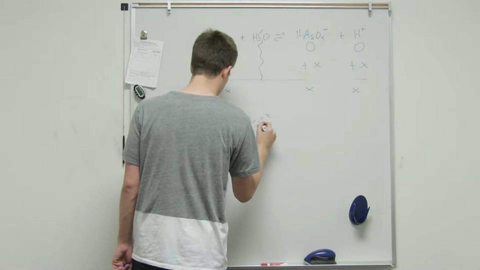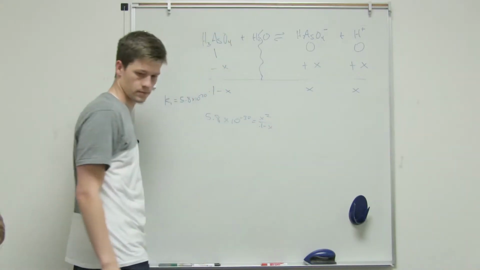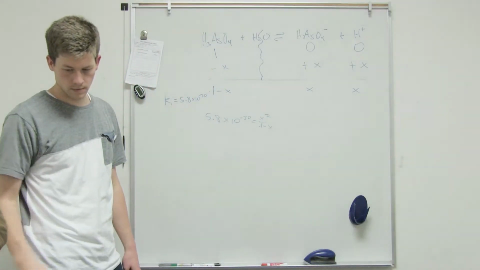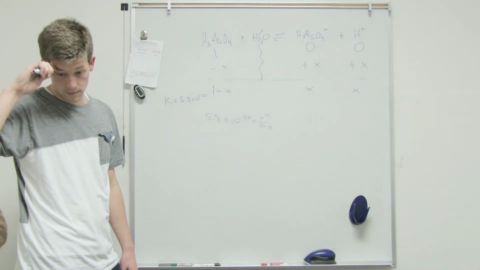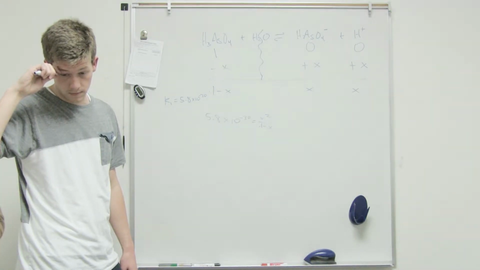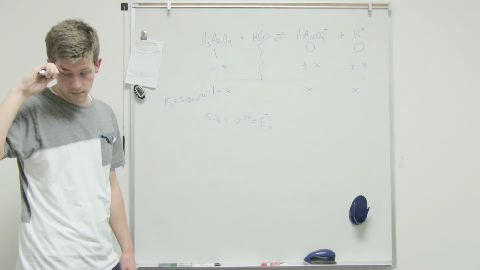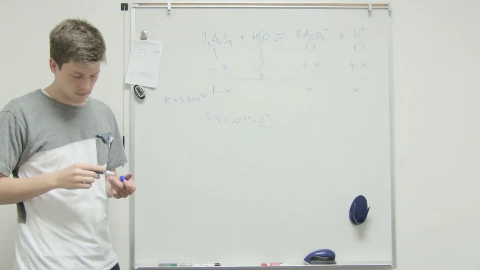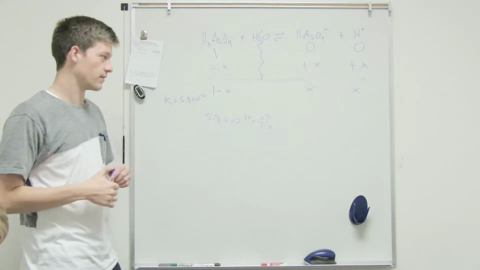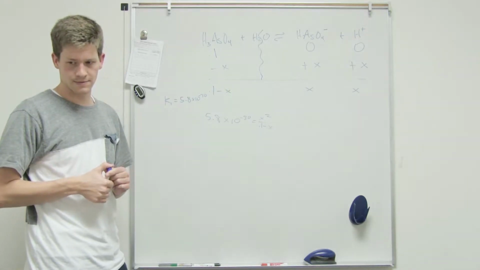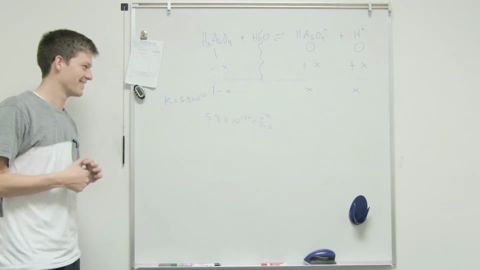Because he always likes us to write out, what's it called, the Ka thing, you know? Like H2AsO4 minus times H plus over H3AsO4. He marks off if we don't do that. It sucks.